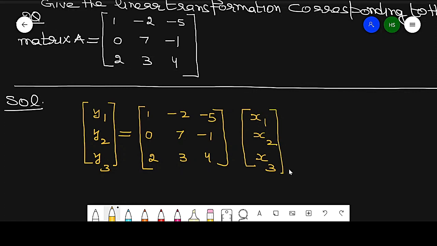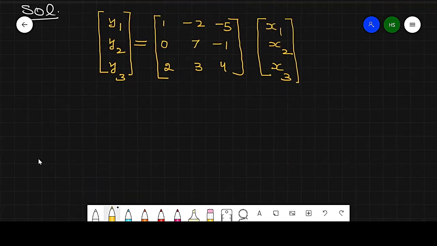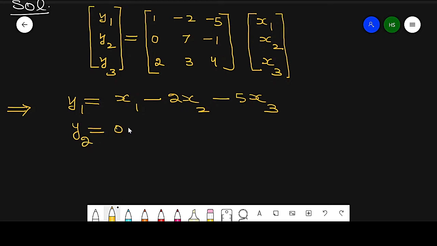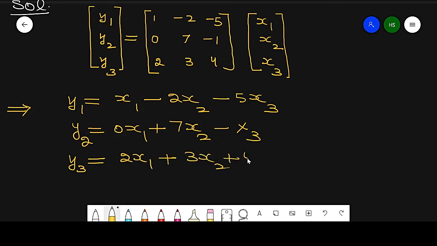Now in this way, just to simplify, it implies first we get y1, which is equal to x1 minus 2x2 minus 5x3, y2 equal to 0x1 plus 7x2 minus x3, y3 equal to 2x1 plus 3x2 plus 4x3.